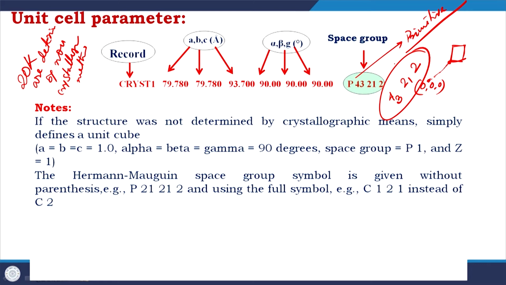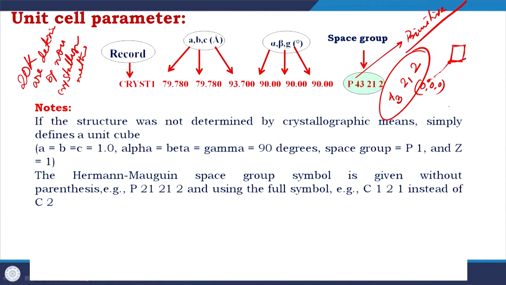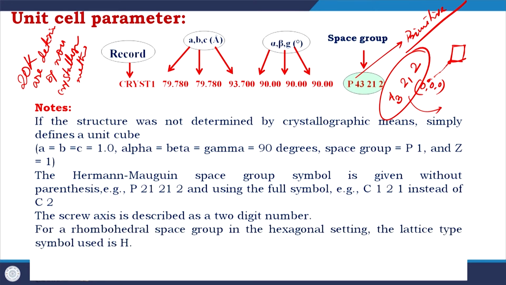It is the rotation and translation in different axes. 4-fold rotation followed by 3/4 translation, 2-fold rotation followed by half translation, this way. The screw axis is described as a 2-digit number.